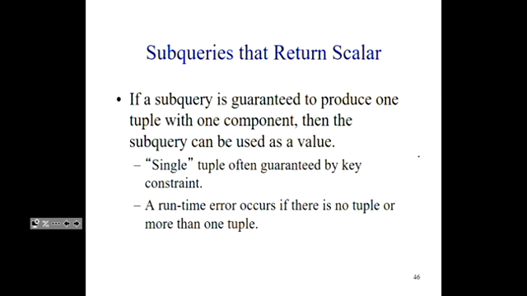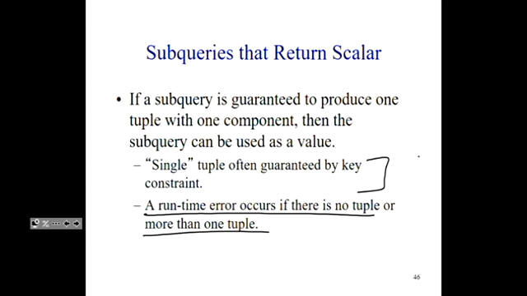For instance, if I want to find the name of a student with a given ID, that would be a single value returned as a result of a select from where query. This single tuple is often guaranteed by a key constraint, and if this ends up being no tuple or more than one tuple, then this ends up being a runtime error. Okay, so that's the background.